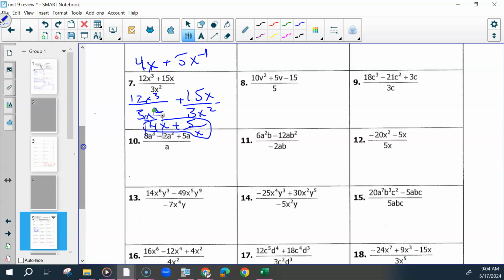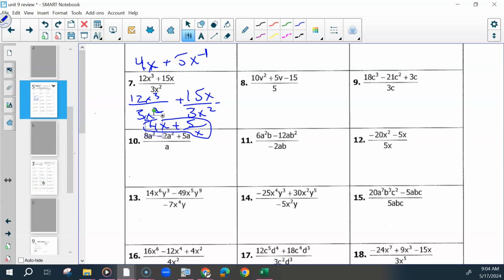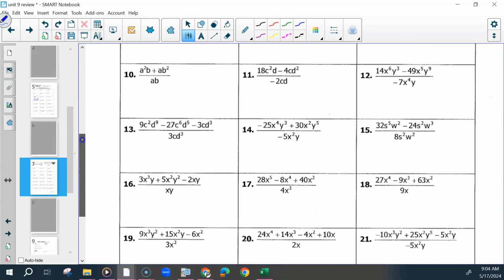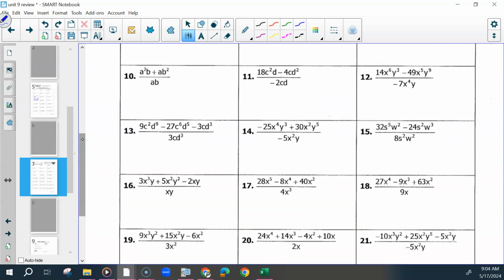Look on the back as well. On the back. This one we'll do by factoring. So find the GCF of these two terms of the numerator.